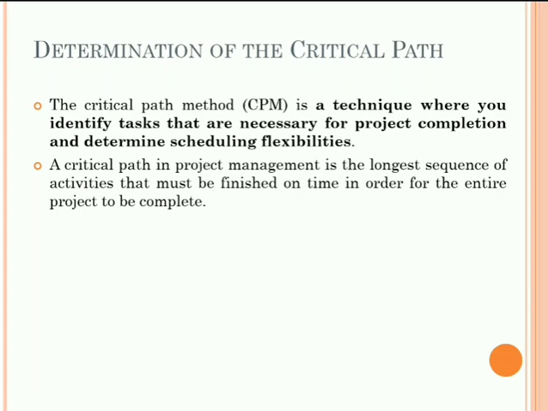ES is the highest EF value from the immediate predecessors, and EF is the early start plus the duration. The calculation starts with 0 at the ES of the first activity and proceeds through the schedule. Determining the different ES and EF dates allows for early allocation of resources to the project.